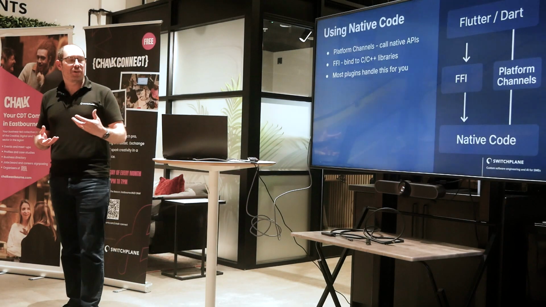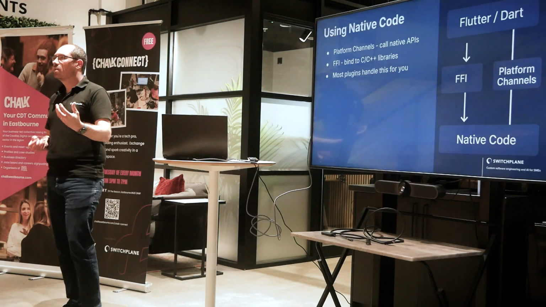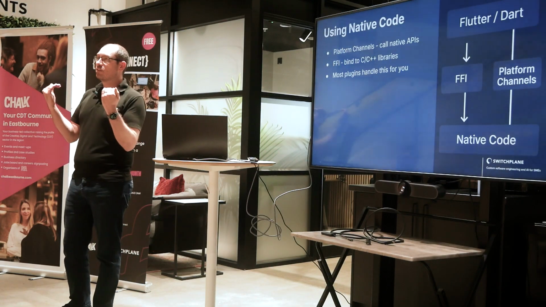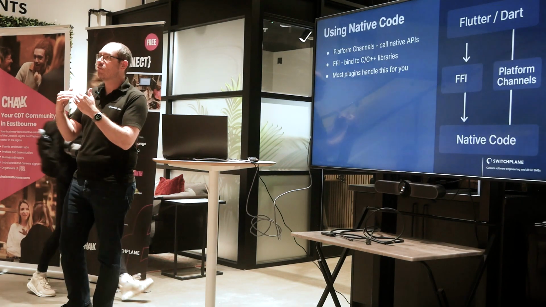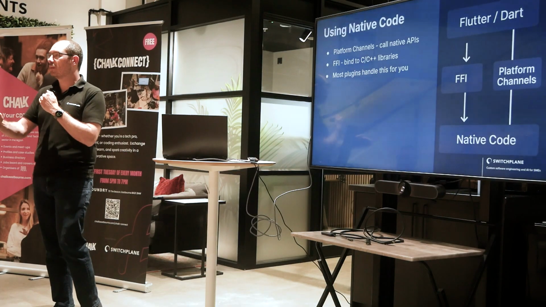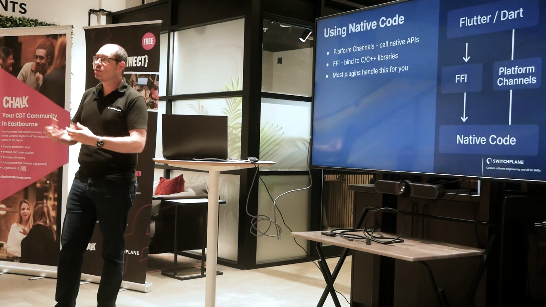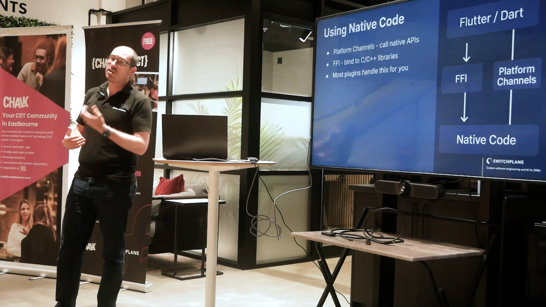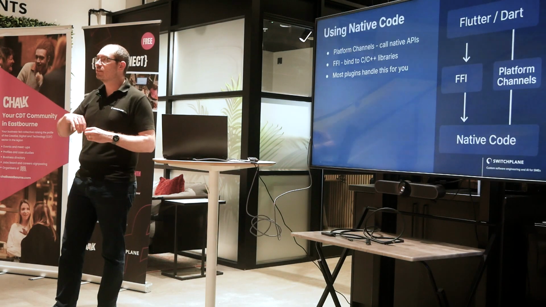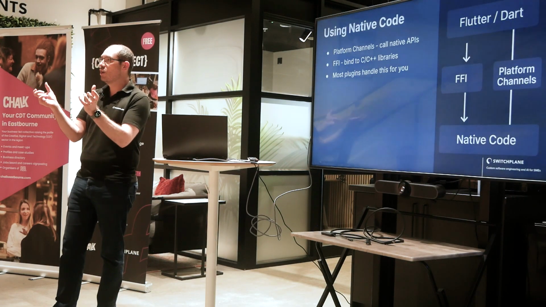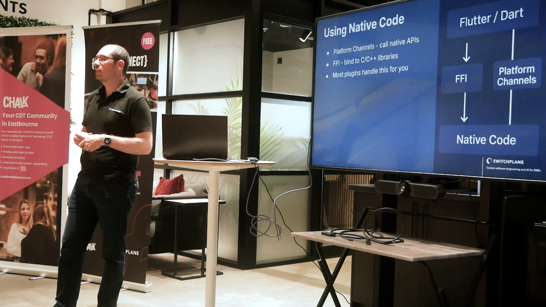So what you have are plugins that will expose an interface. That's just a description of how you can talk to something. So it's just a descriptor. It would expose something like a method saying you can get contacts, and it will give you back a list of contacts on the device.